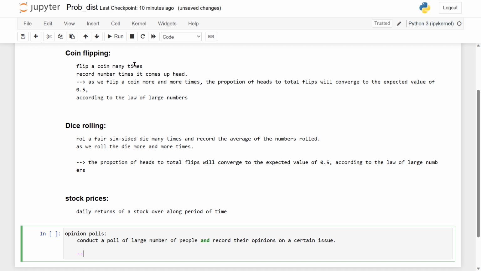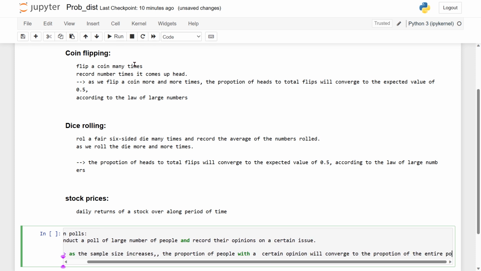As the sample size increases, the proportion of people with a certain opinion will converge to the proportion of the entire population with that opinion.